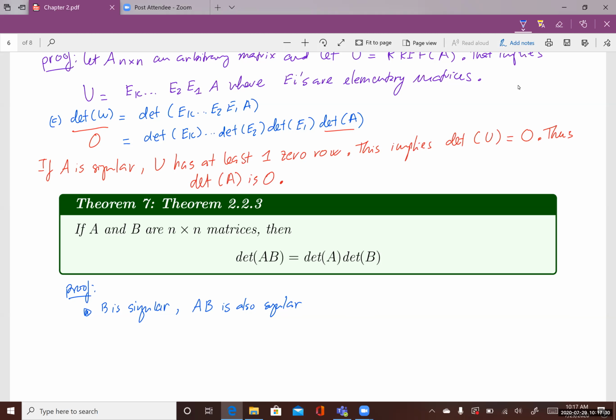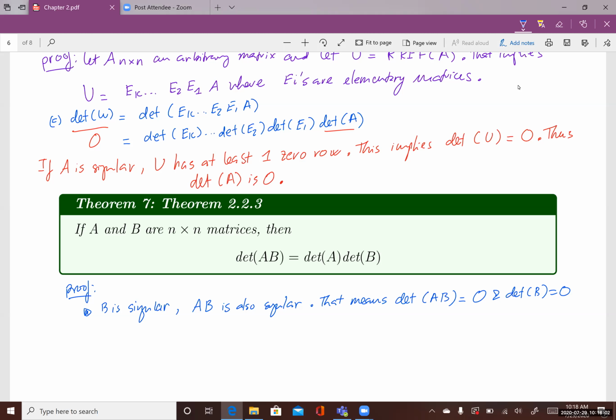That means the determinant of A times B equals 0. And since B is singular, the determinant of B is also 0.